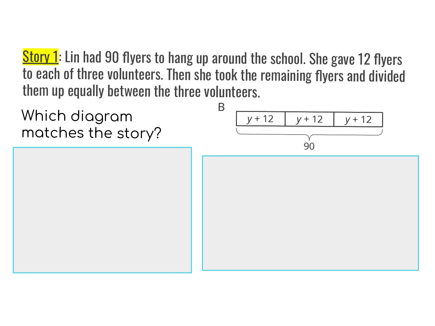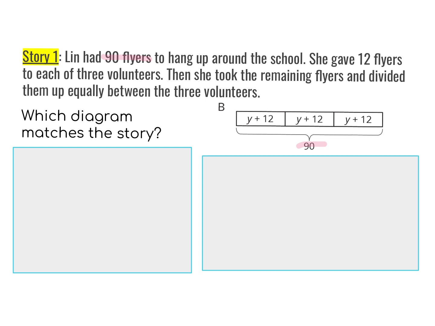So the answer is diagram B. Diagram B matches story 1 because the total is 90 flyers. She gave 12 flyers to each of 3 volunteers. She took the remaining and divided them up equally among the 3 volunteers.